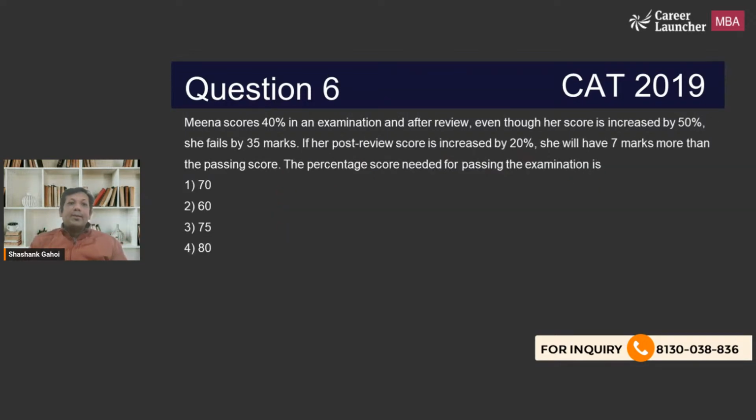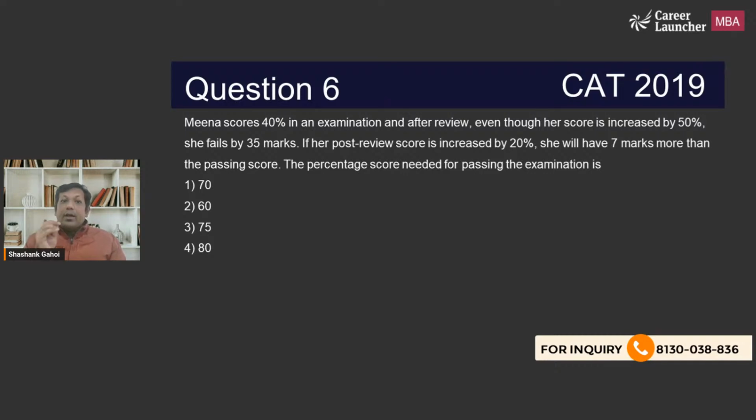Okay, Meena scores 40% in an examination. After review, even though her score increased by 50%, she still fails by 35 marks.